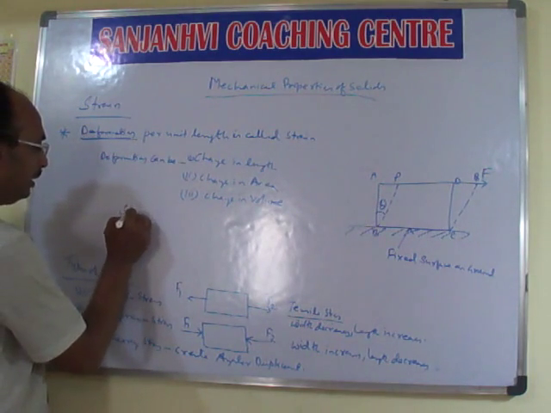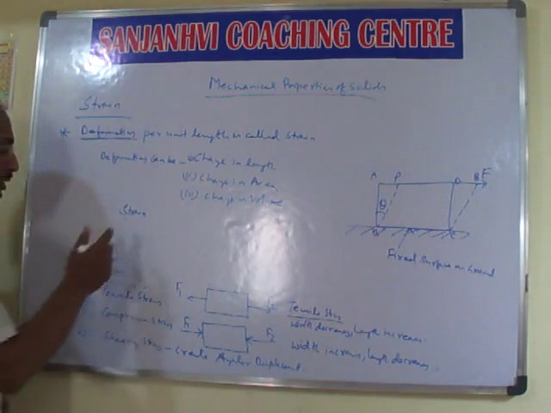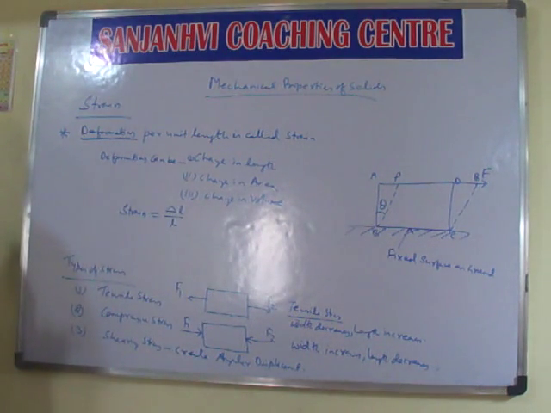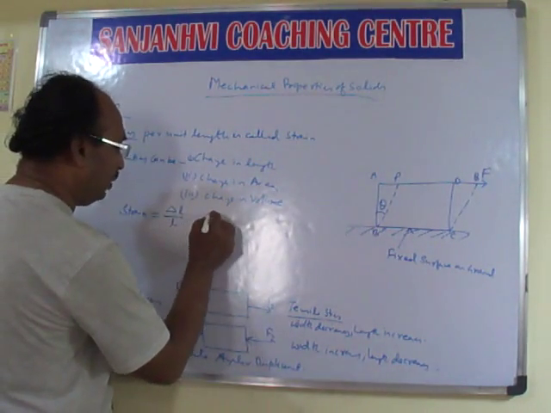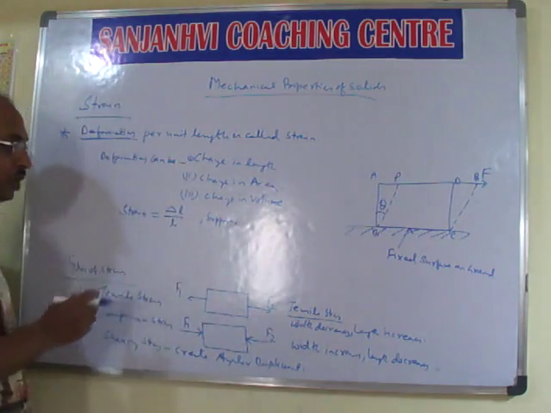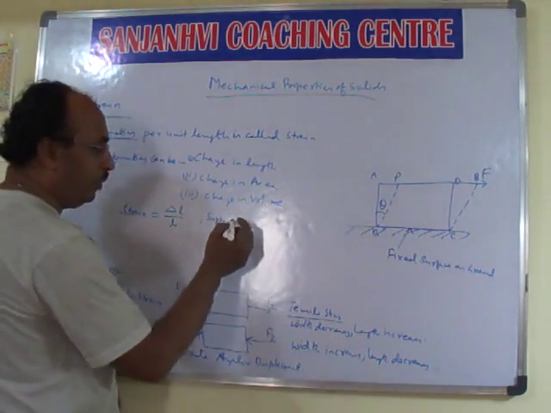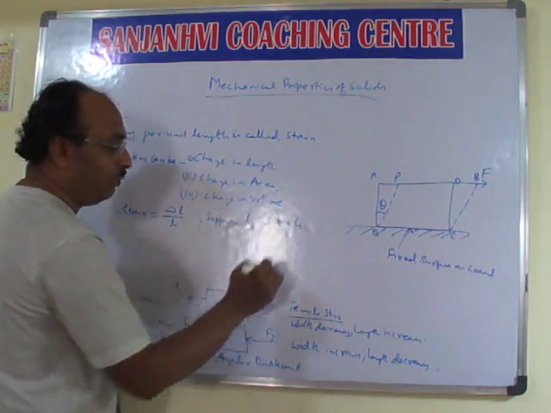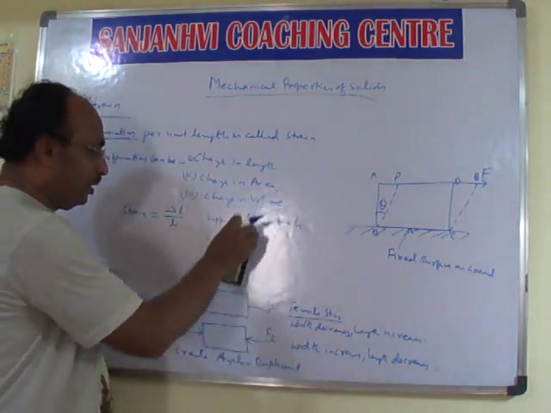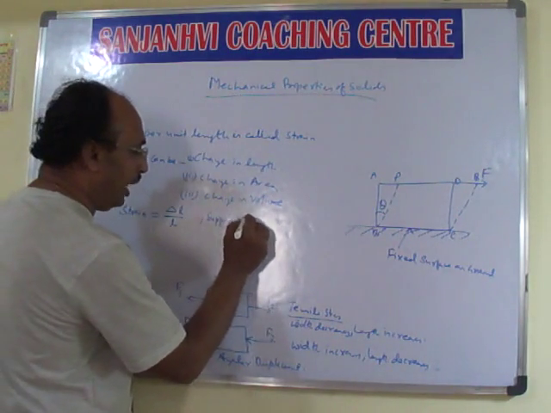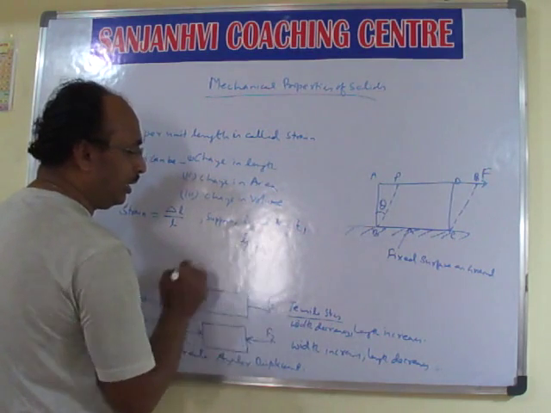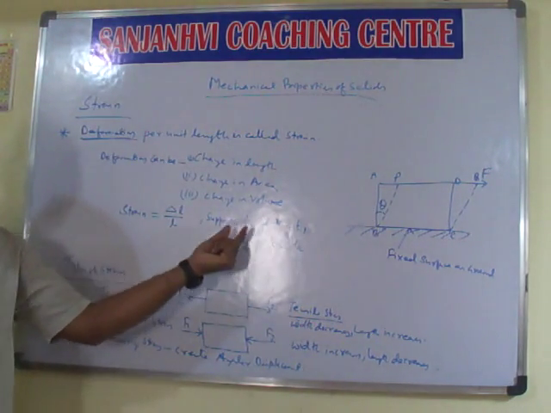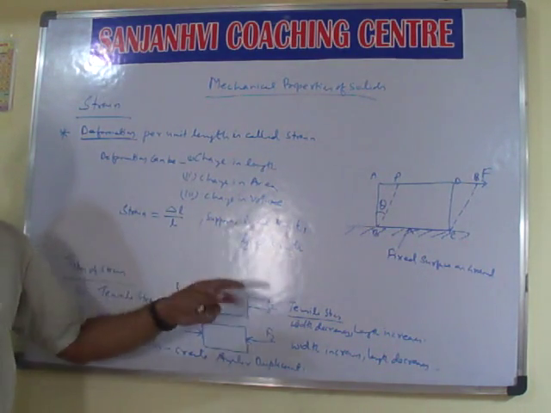So you can say that strain is equal to change in length, meaning delta L, by original length L. At one particular instant of time, suppose the original length of the body is L, but after applying some load it has changed to L1 at time T1, and another length L2 at time T2.